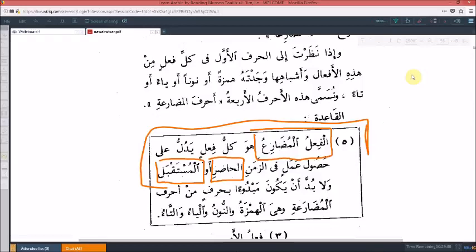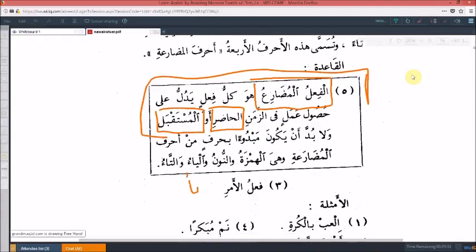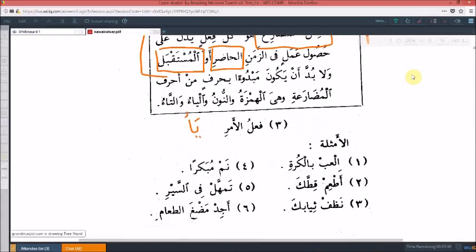So for instance, يأكل could mean he is eating, or it could mean he will eat, depending on the context. The verb is going to be the same, and depending on the context, you will know if it's now or in the future.